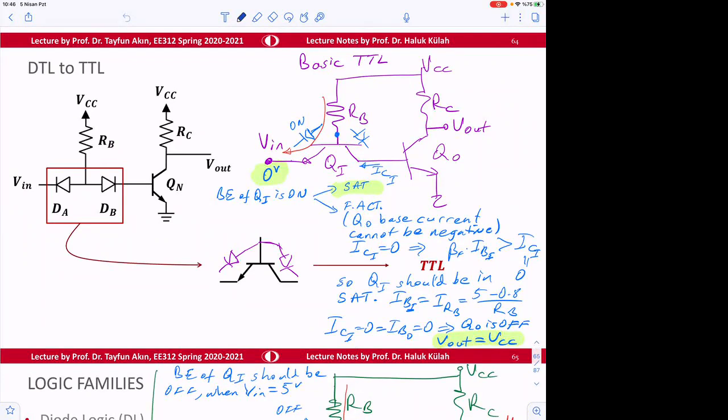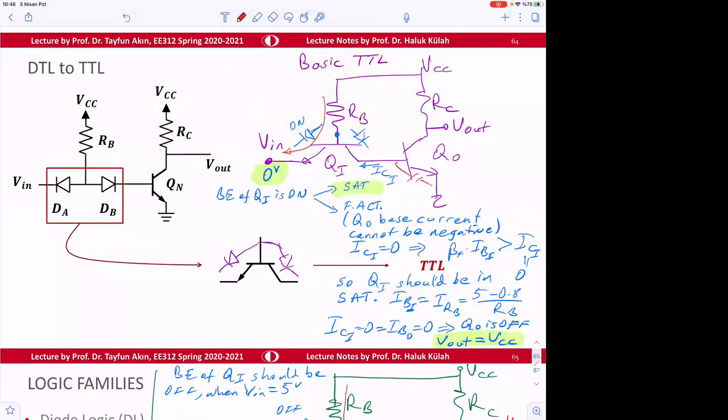In DTL, there were these diodes, but some people noticed that, instead of putting these diodes this way, it is more convenient to put a transistor at the input stage. With the help of this, we can get a better voltage transfer function and also remove the charges here.